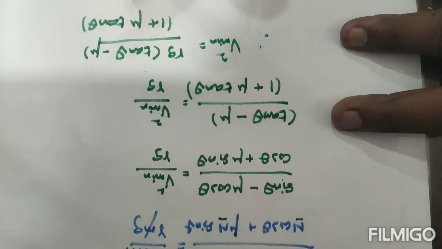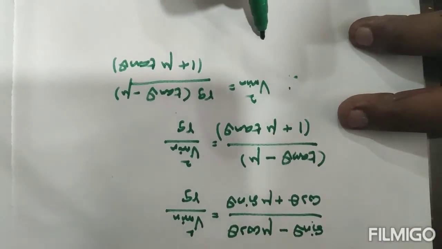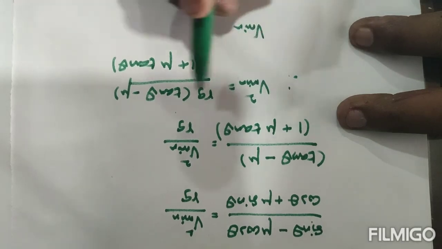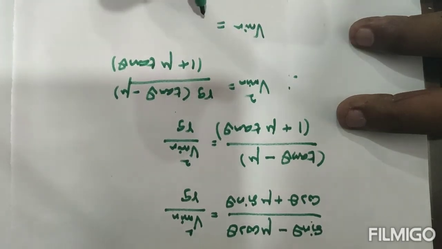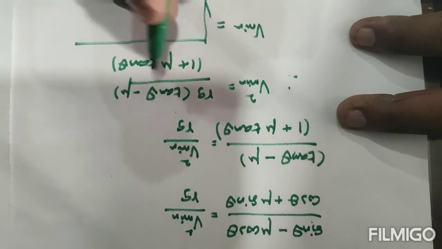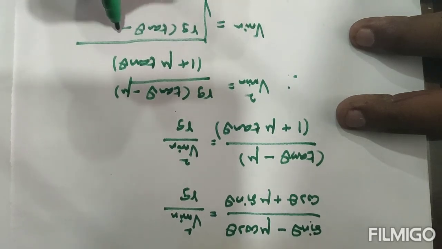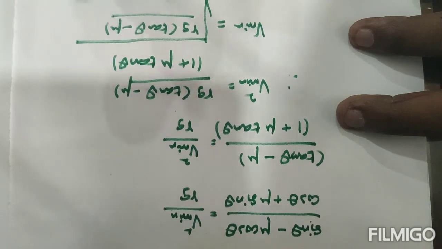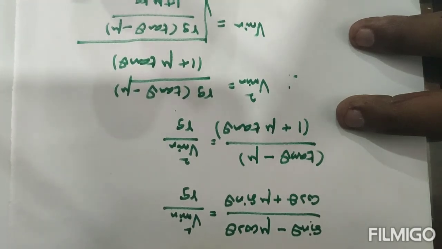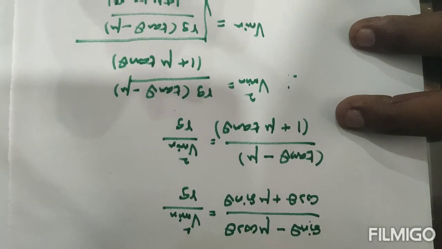This is V minimum. Therefore finally V minimum is equal to the whole root of Rg into tan theta minus mu divided by 1 plus mu tan theta.